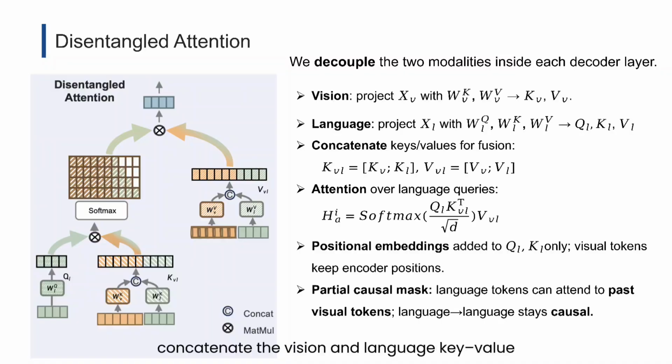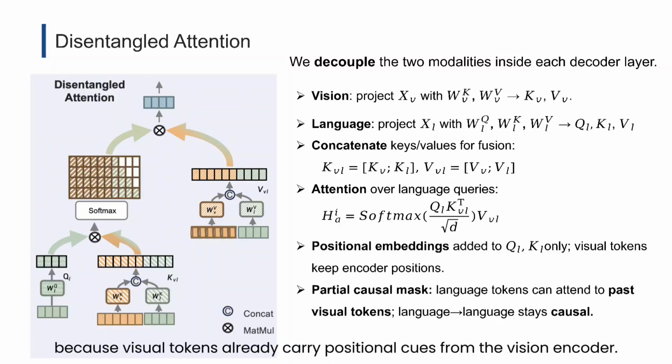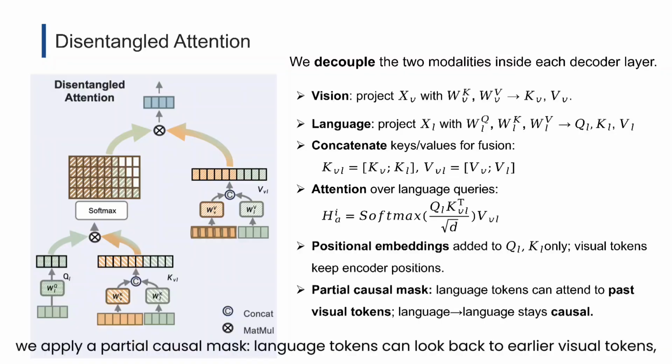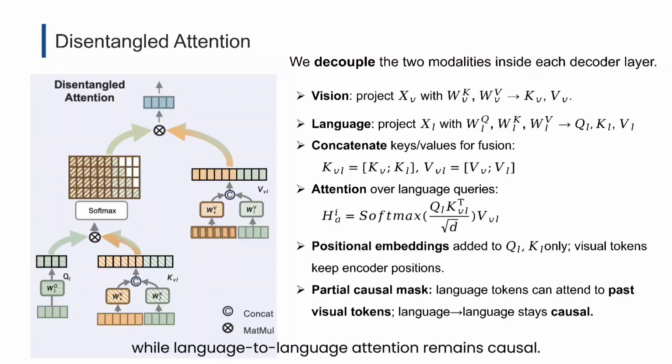We then concatenate the vision and language key value matrices and compute attention only from the language queries. This keeps the fusion lightweight. We add positional embeddings to the language query and key, because visual tokens already carry positional cues from the vision encoder. Finally, we apply a partial causal mask. Language tokens can look back to earlier visual tokens, while language-to-language attention remains causal.